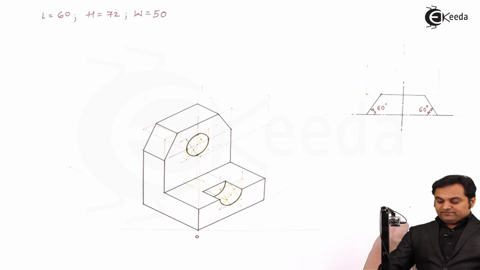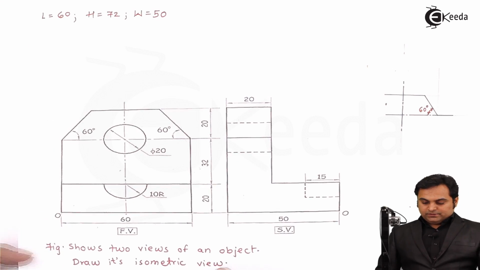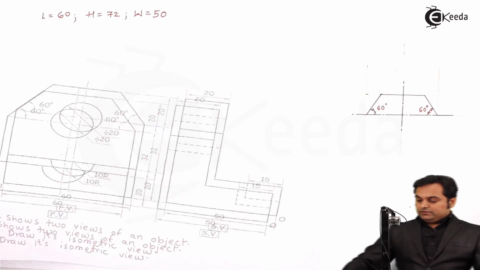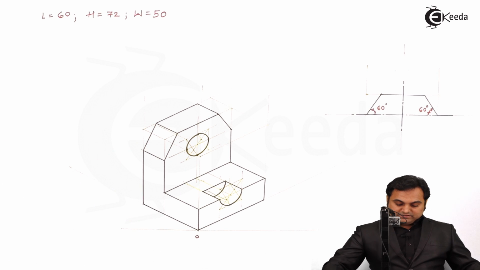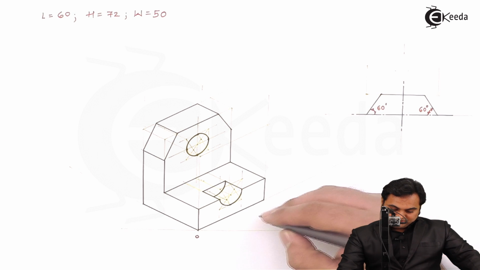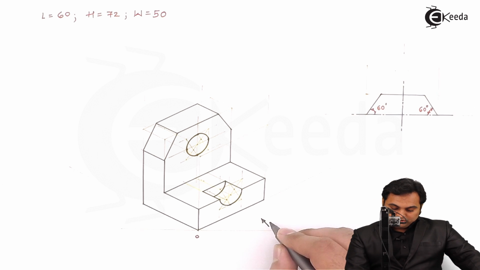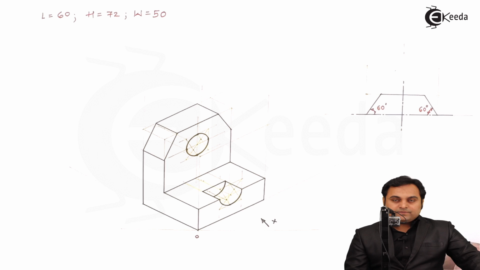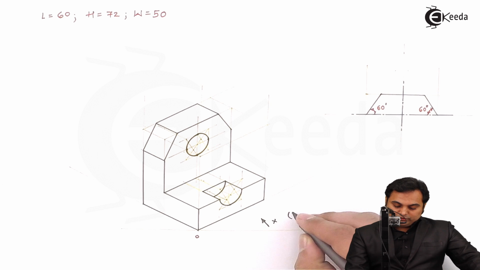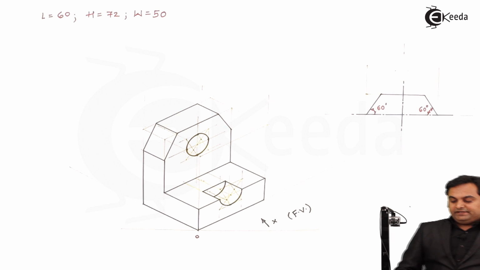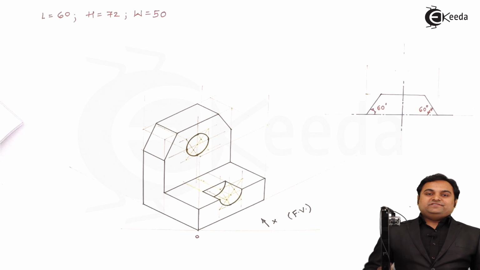Now once I have completed this drawing, here if we see from the front view, I'll say that this is the direction because I have projected the length along this inclined line. So this is the direction X along which we are going to see the front view. So we can just check after completing whether whatever we have drawn is correct or not.